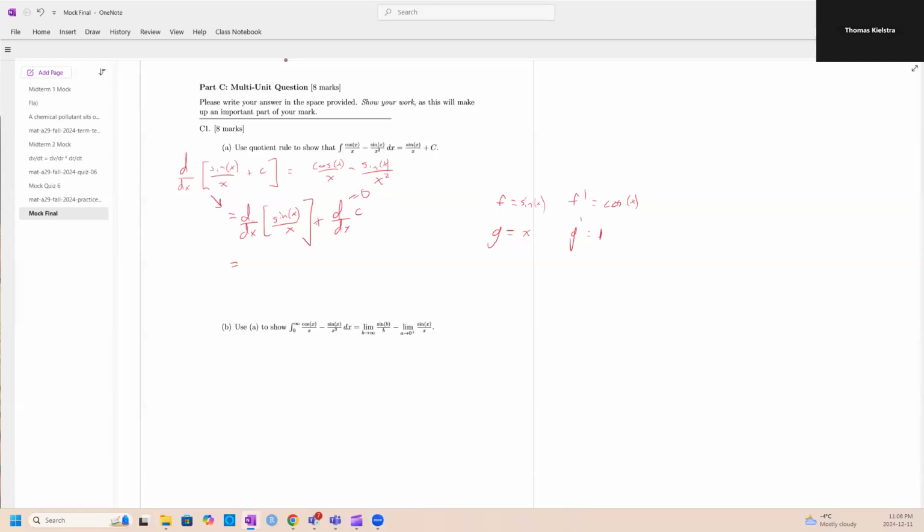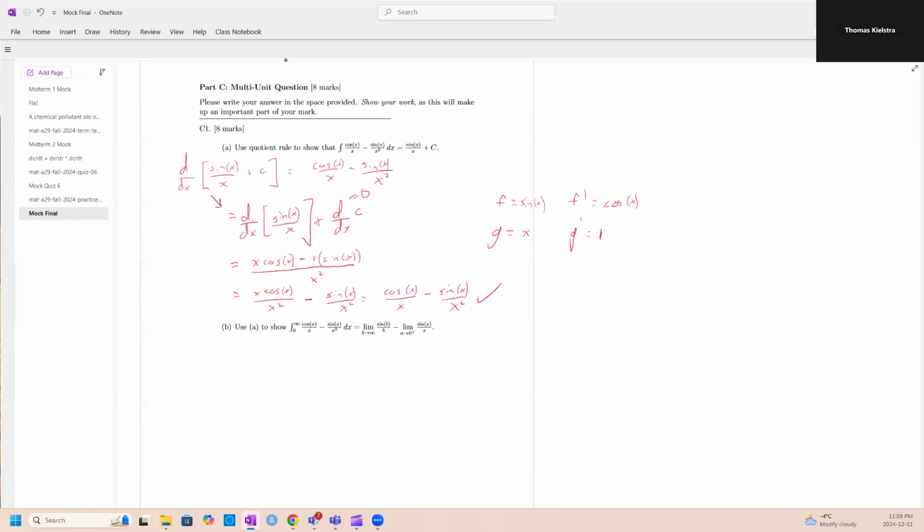So F prime G is x cos x, minus F G prime, which is 1 times sine x, all over x squared, which equals, now using distribution, x cos x over x squared minus sine x over x squared, which equals cos of x over x minus sine of x over x squared.